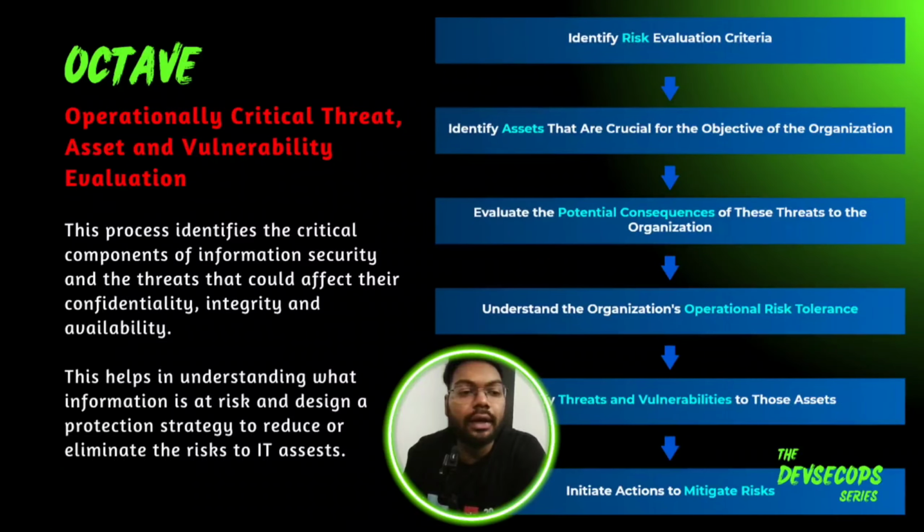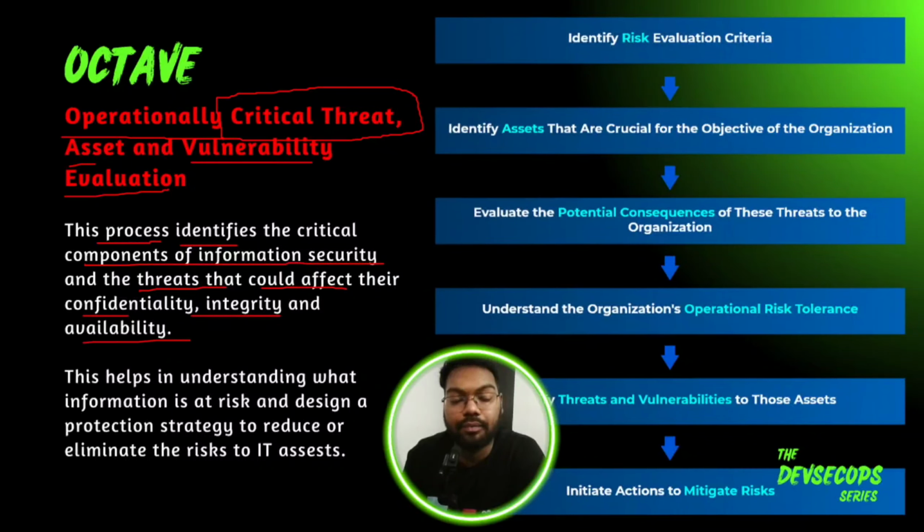So next is OCTAVE. What is OCTAVE? First of all, the abbreviation stands for Operationally Critical Threat, Asset and Vulnerability Evaluation. So what is this? This process identifies the critical components of information security and the threats that could affect their confidentiality, integrity and availability.